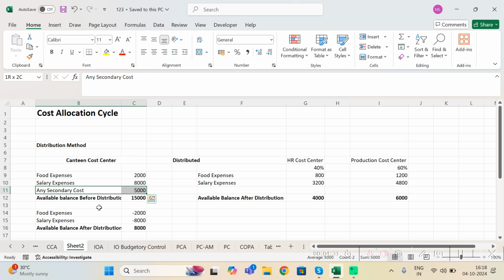This is the limitation of distribution. The point to note is that the same primary cost element will be credited here, so whatever was positive, the same will become negative. So the available balance after distribution will become 5000.